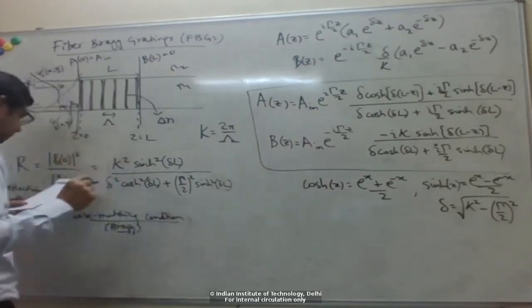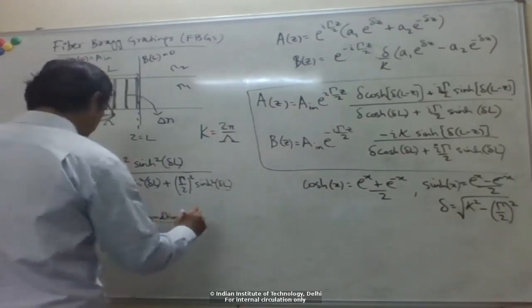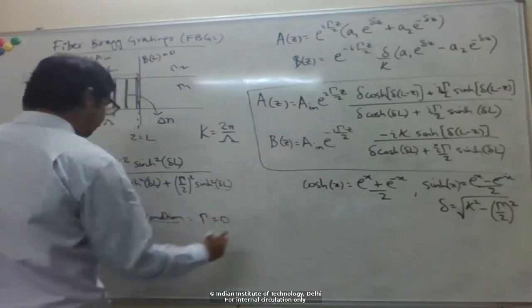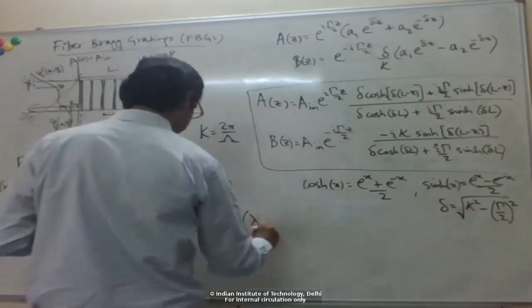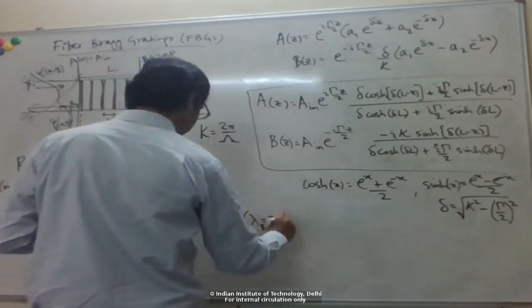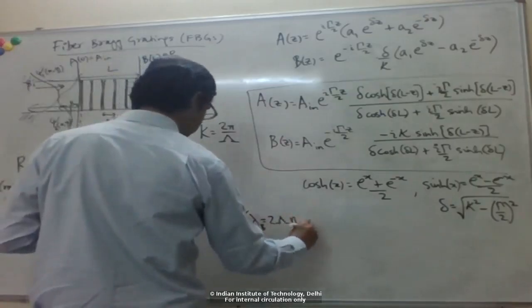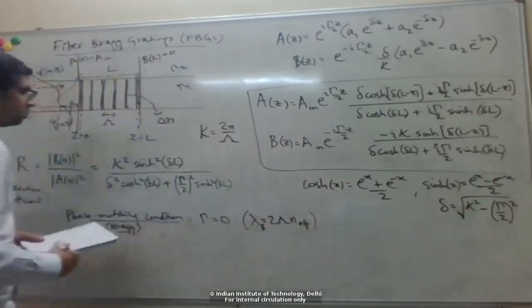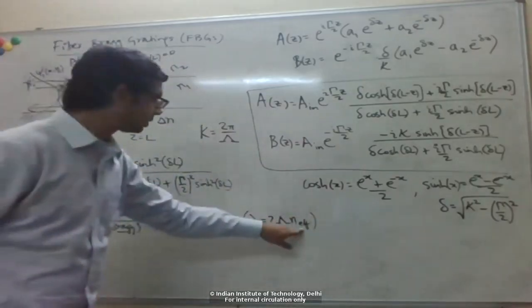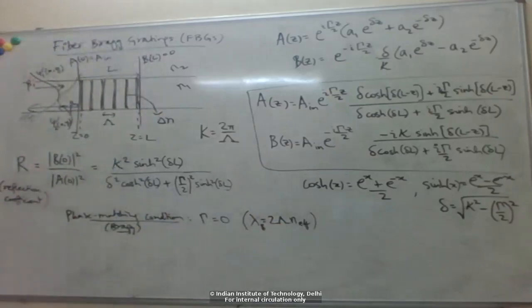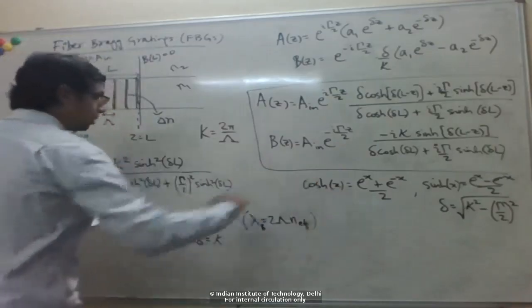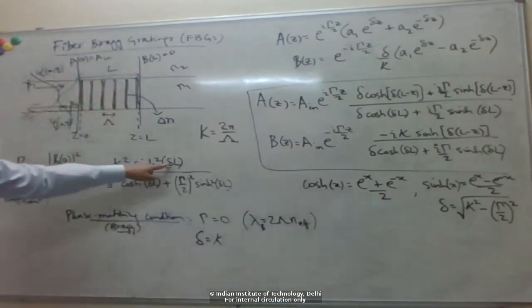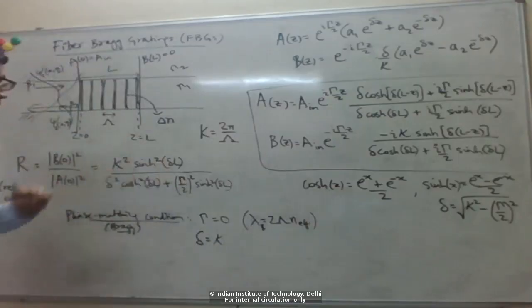That is gamma equal to 0. This happens at the Bragg wavelength, when the wavelength of the incident field satisfies this condition. So here you put delta equal to kappa and gamma equal to 0.